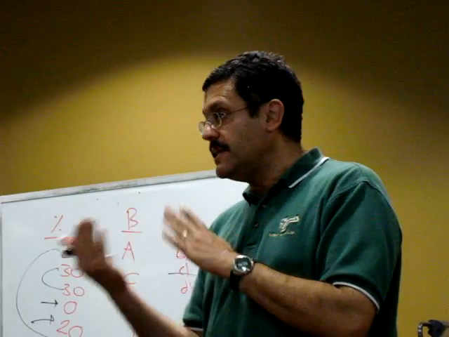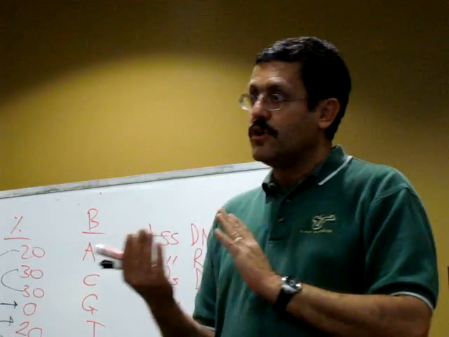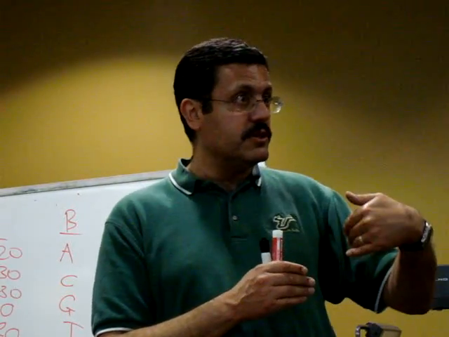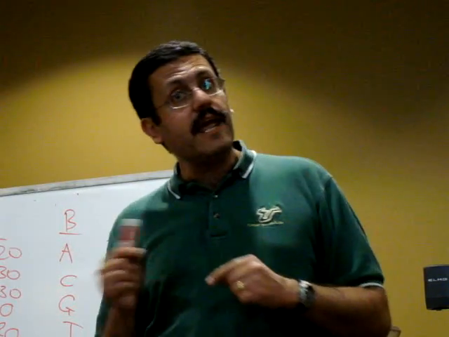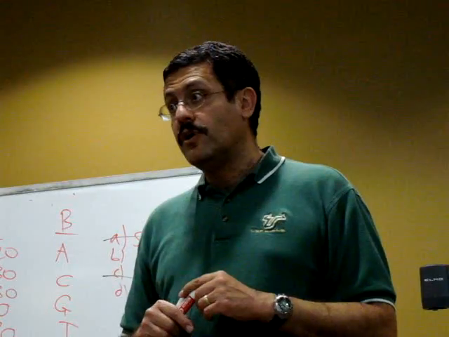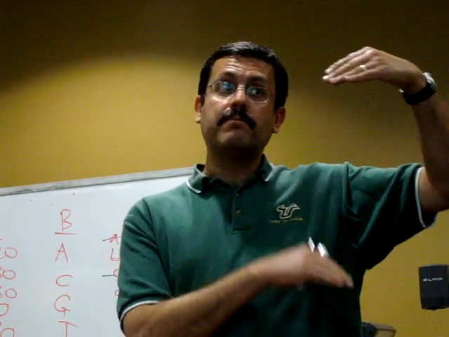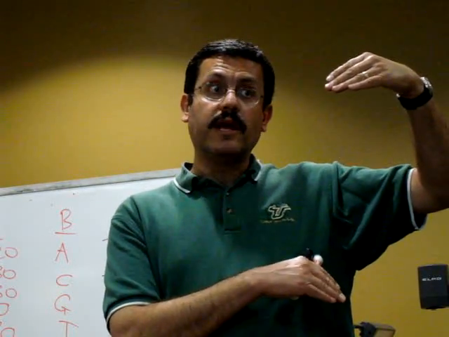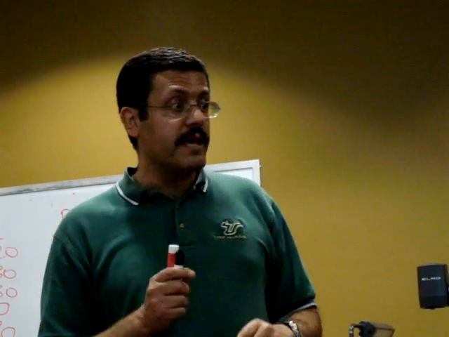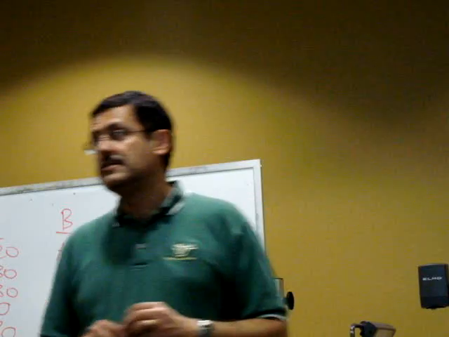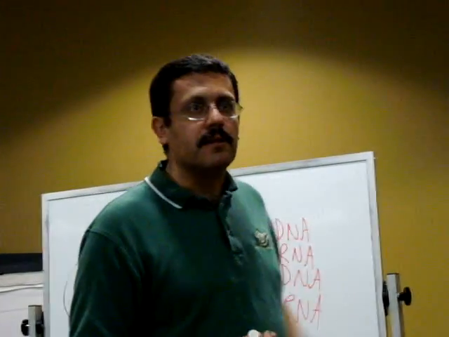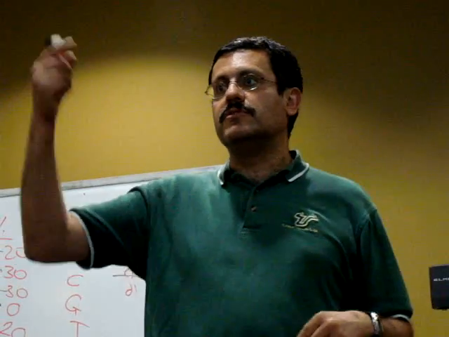When DNA and RNA bind to each other, they have to bind complementarily, meaning A to T or U, C to G, and they have to bind in an anti-parallel manner. So you can't have a 5' binding a 5'. They have to be anti-parallel, so make sure you remember that. What does anti-parallel mean? One goes 5' to 3', one goes 3' to 5'.